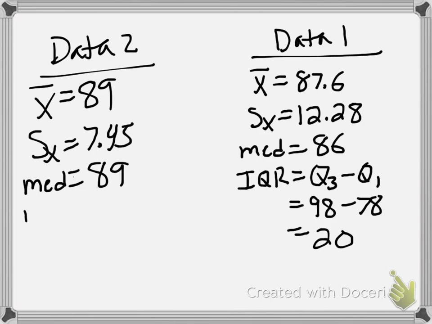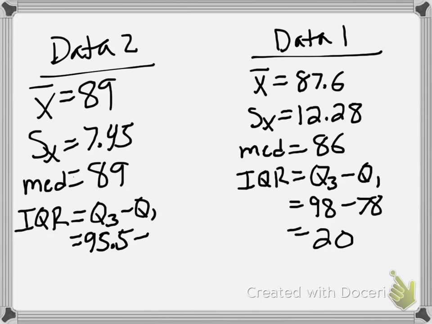And I found my IQR, again, which is my Q3 minus my Q1. My Q3 for this data was 95.5, and my Q1 was 82.5. And so if I subtract those two, I get 13.